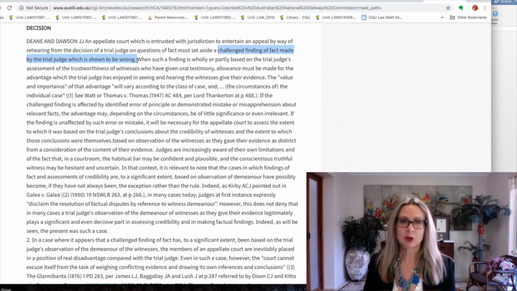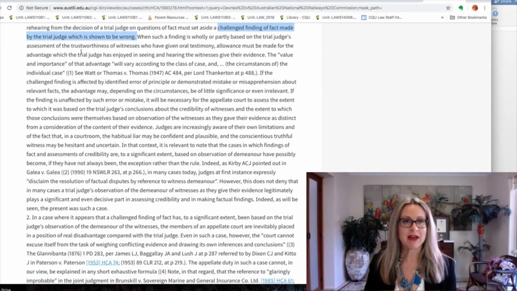Why is that? When such a finding is wholly or partly based on the trial judge's assessment of the trustworthiness of witnesses who have given oral testimony, allowance has to be made for the advantage that the trial judge has in seeing and hearing the witnesses actually giving their evidence.